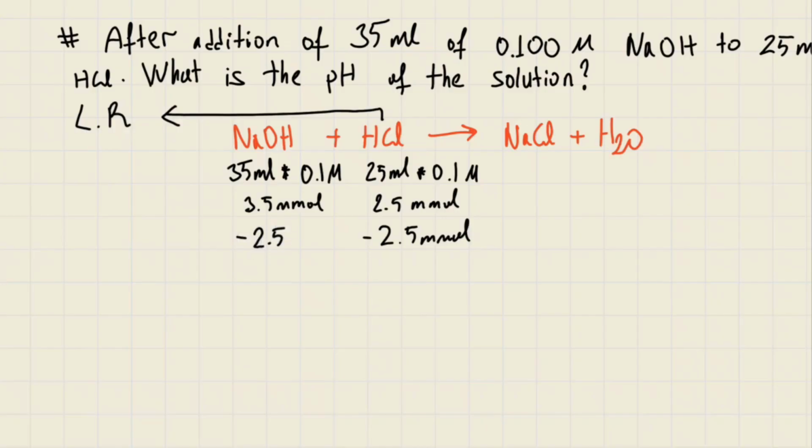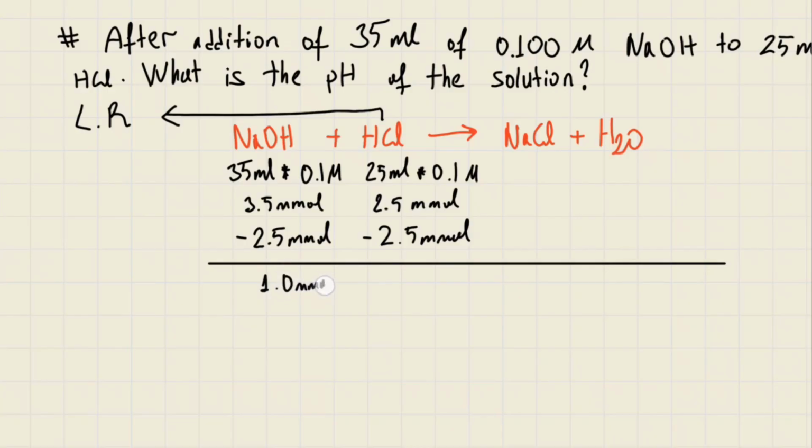We will deplete sodium hydroxide, but we will not finish all the sodium hydroxide, and at the end we will have 1.0 millimole sodium hydroxide, and we don't have the HCl, and we created of course 2.5 millimole sodium chloride and 2.5 millimole water.